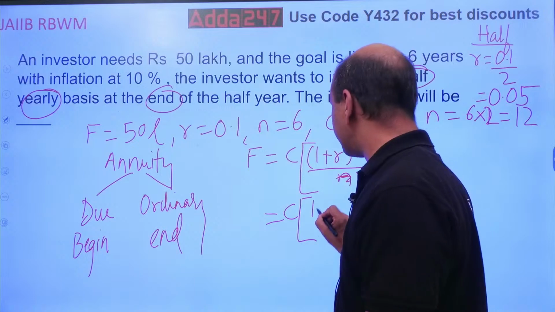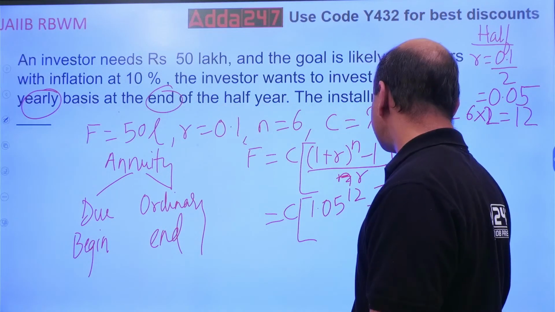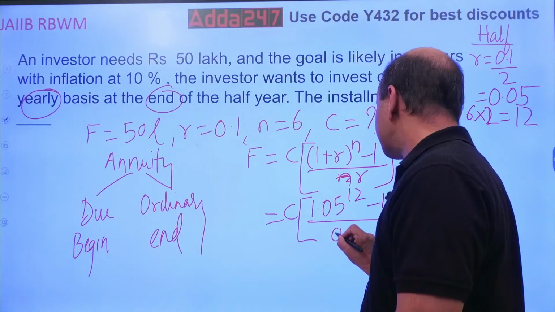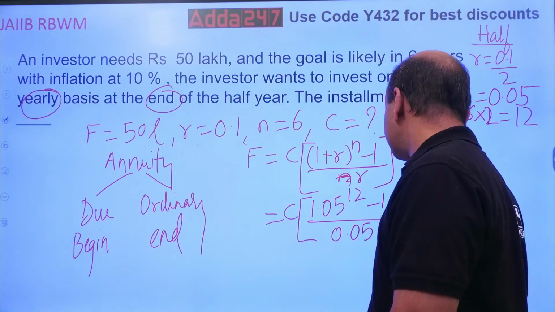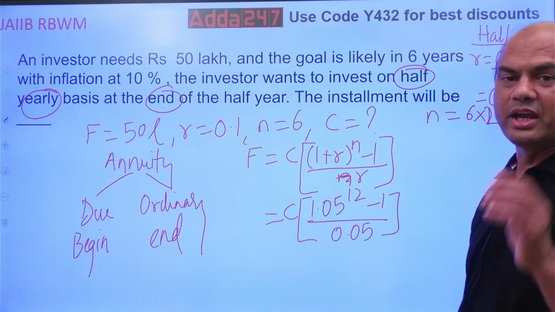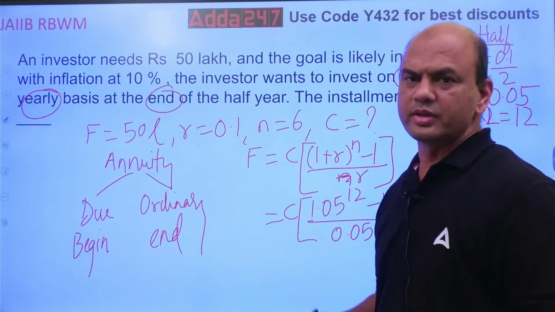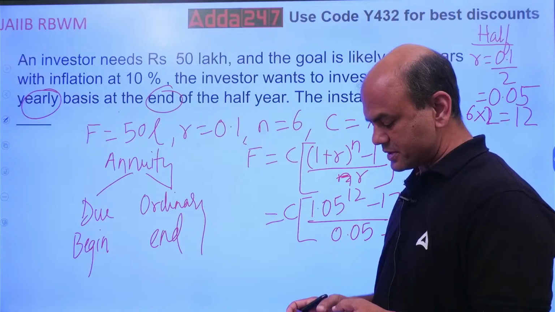So 1.05 raised to 12, minus 1, upon R, and R is 0.05. Now get the answer. You have to multiply 1.05 twelve times. There is no other option.